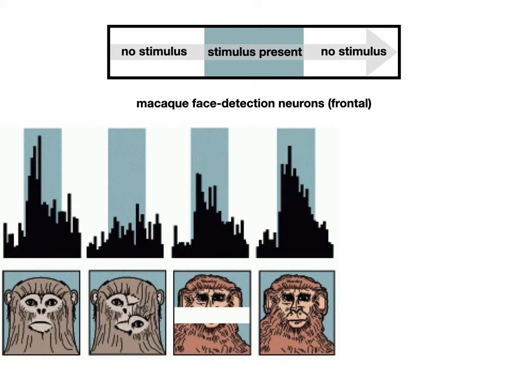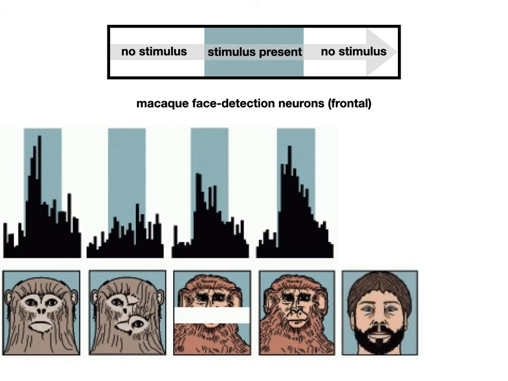It's hard to pin down exactly how that transformation happens, but start here, right? Start here with the knowledge that a scrambled face will not activate these neurons at all, whereas a partially incomplete face will. A human face actually does trigger it.